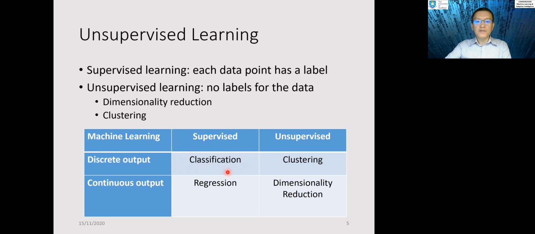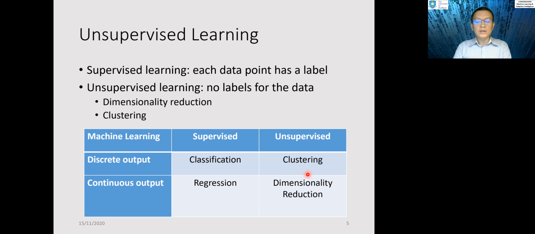So we classify the data points into different classes, and the discrete output is the class label. And in unsupervised learning, when we have discrete outputs, we are doing clustering. We cluster the data points into different clusters so that each data point will have a cluster label, which is a discrete output.